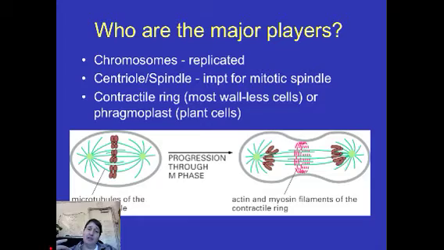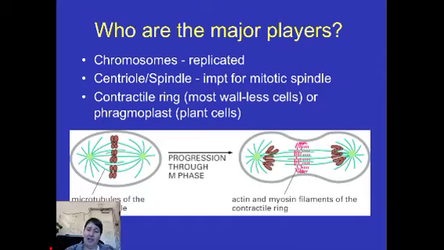The major players in this, who is actually doing all of the work: you have chromosomes that need to be replicated. You have the centrioles, which are part of the spindle complex. The actual process of cytokinesis involves a contractile ring, which is made of actin filaments, so actin and myosin. That's in animal cells. In plant cells, the separation of the two cells from one another is due to a complex called the phragmoplast.